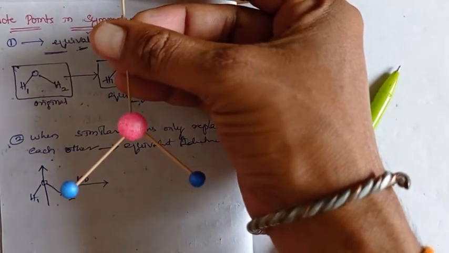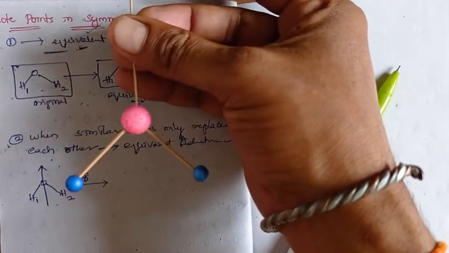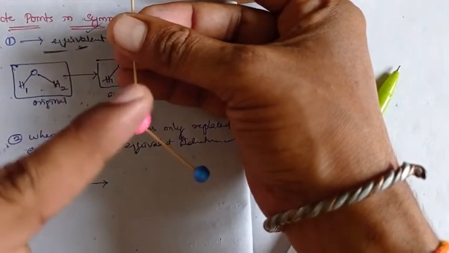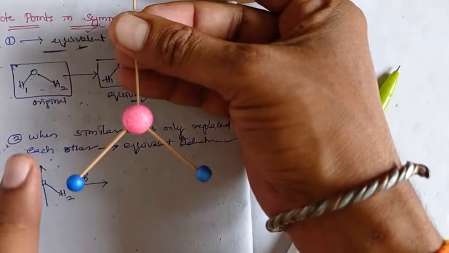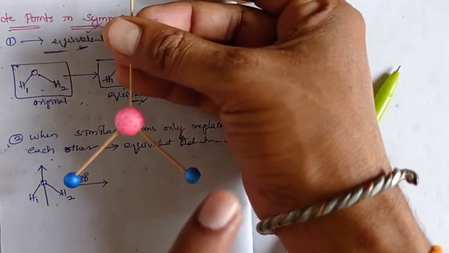What happened after getting the 180 degrees of rotation? Before, in the structure, it is a V shape: top will be oxygen, down will be two hydrogens, H1 in the left and H2 in the right.